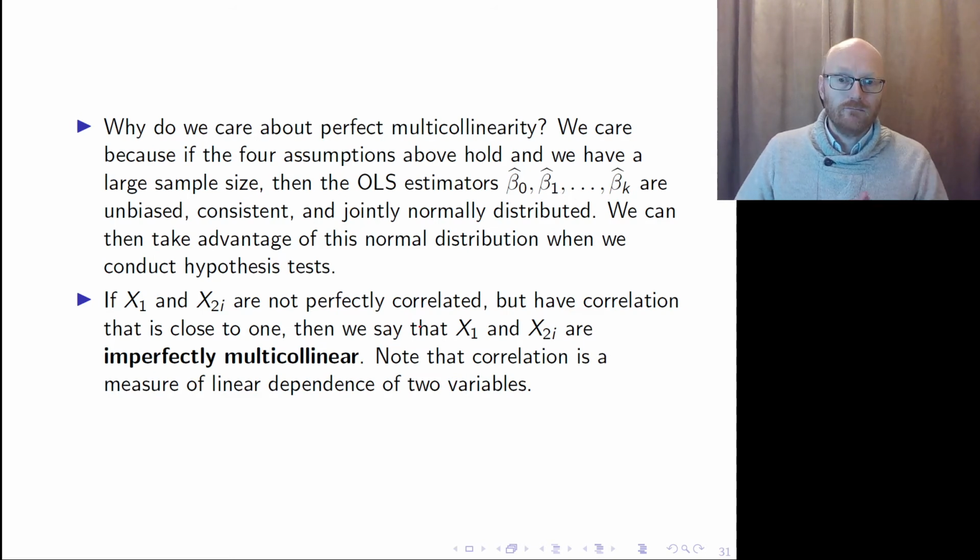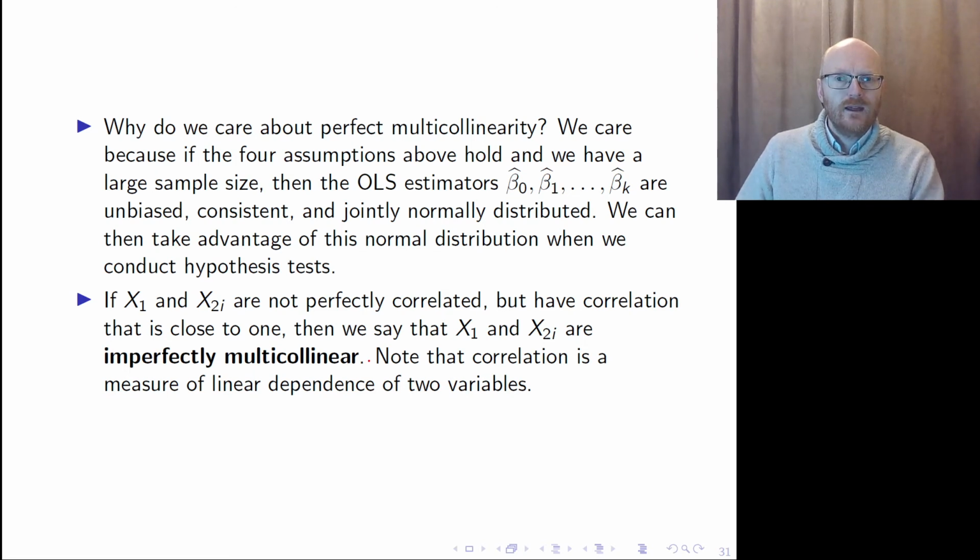So why do we care about multicollinearity? Well, we care because if the 4 assumptions hold, and we have a large sample size, we can use the central limit theorem.